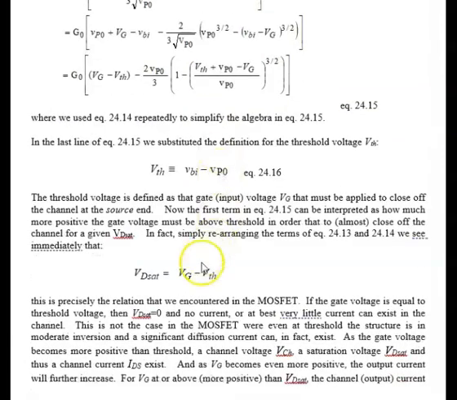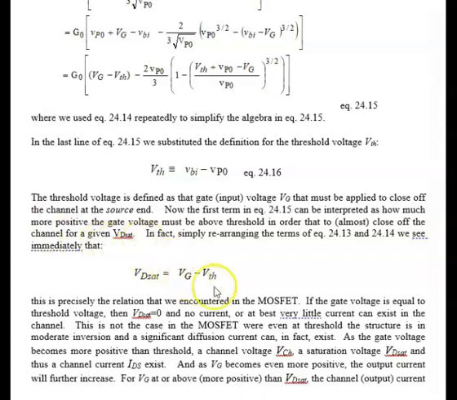So how cool was that? That is exactly the same thing that we had in the MOSFET. This is precisely the same equation, or definition, I should say, for VD-SAT. We just had to define our threshold a little bit differently, but everything else is exactly the same.